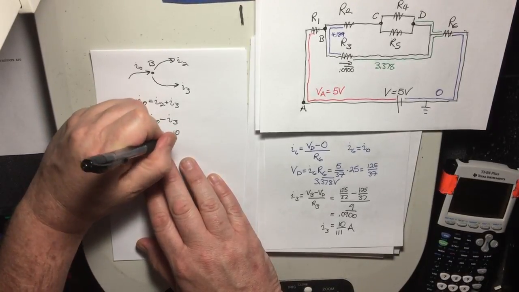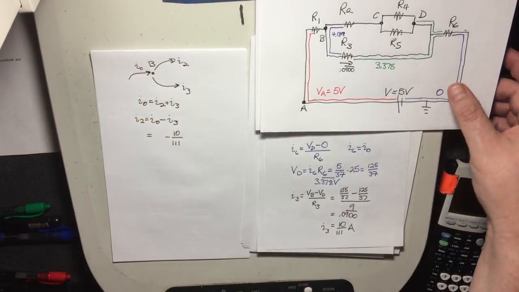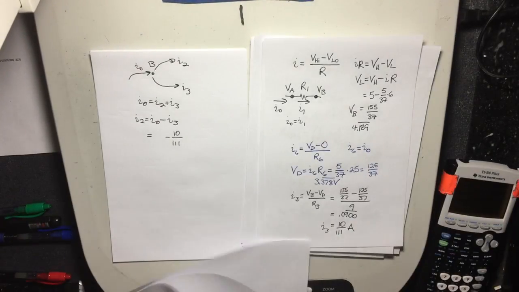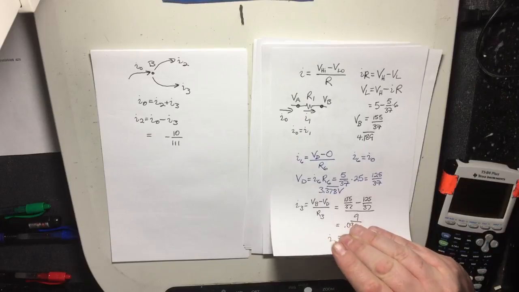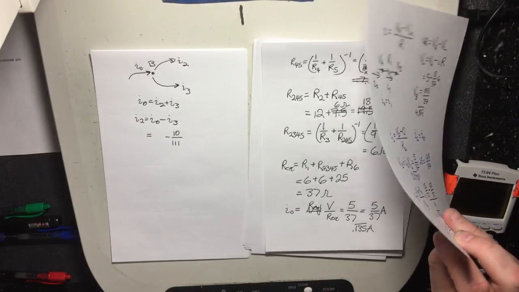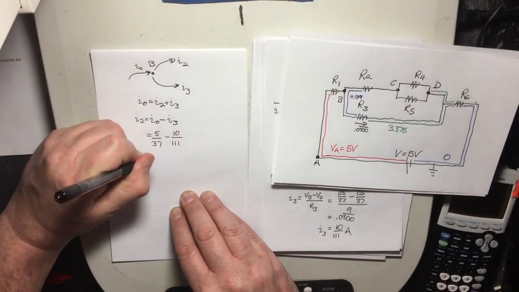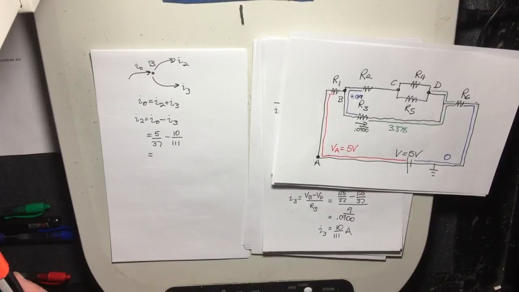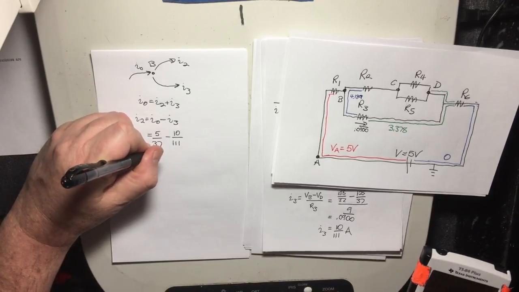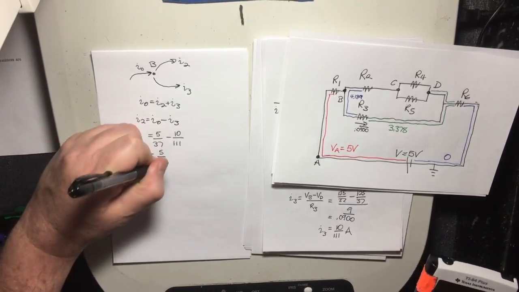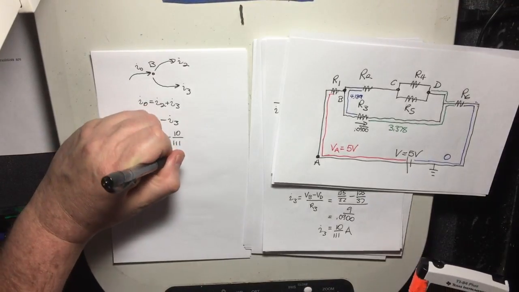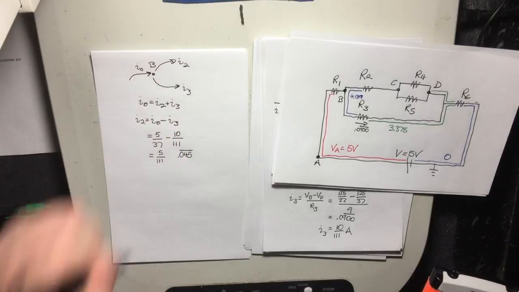So I3 is 10/111. I0 is 5/37. And I'm left with 5/111, or 0.045 repeating amp.